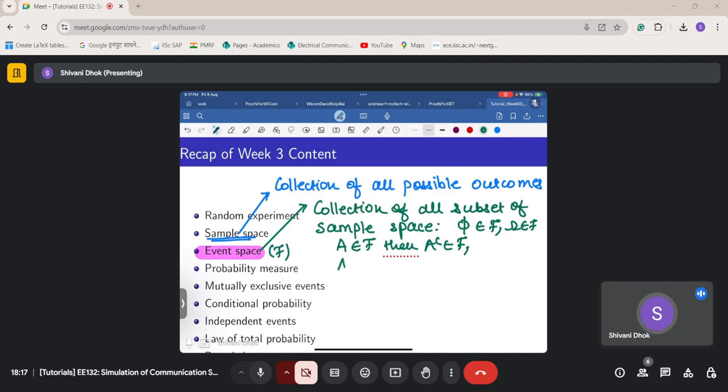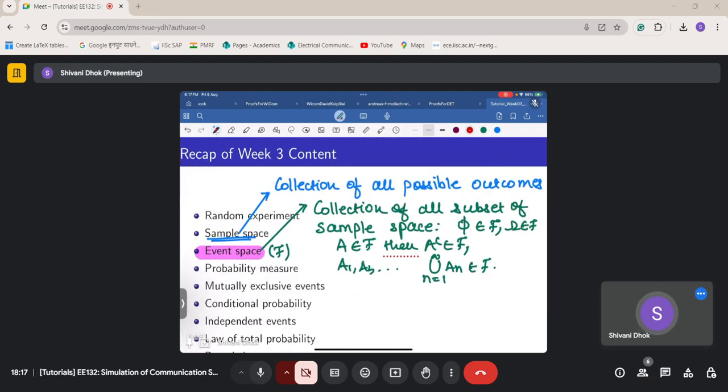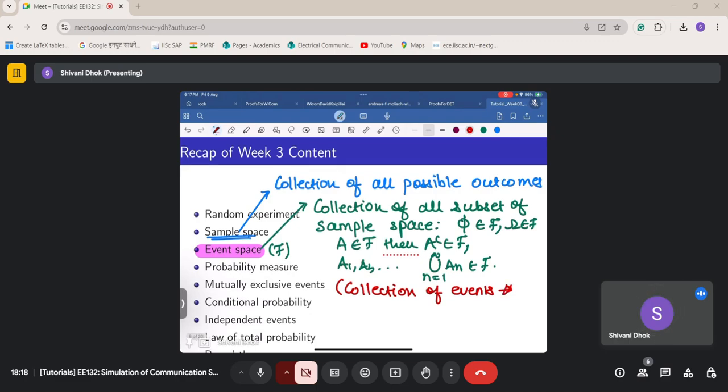Similarly, if I have A1, A2 and so on as events, then its union should also be an event. In simple words, this is a collection of events and these satisfy certain properties.